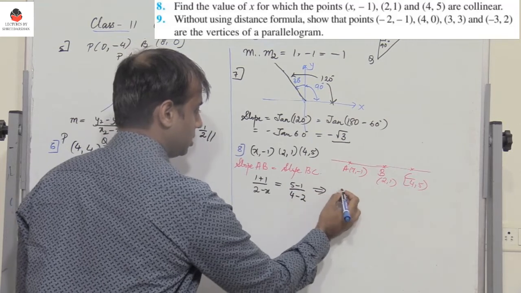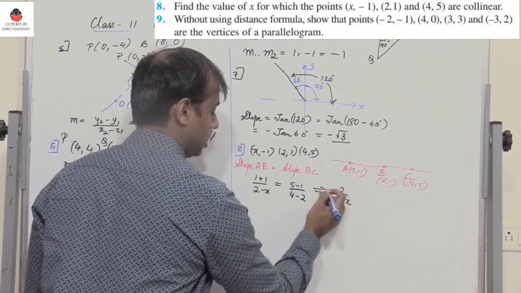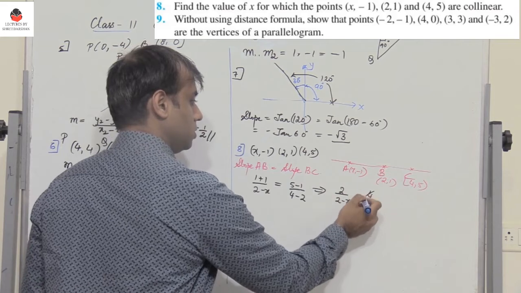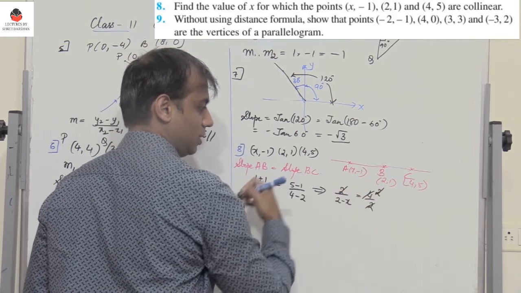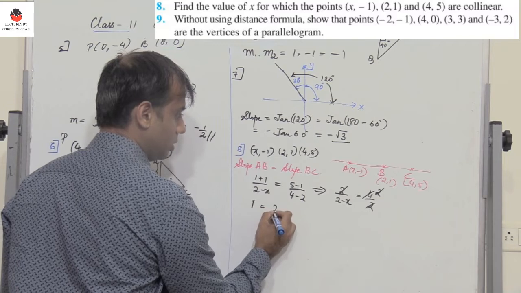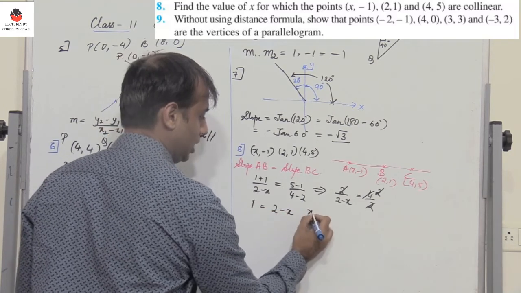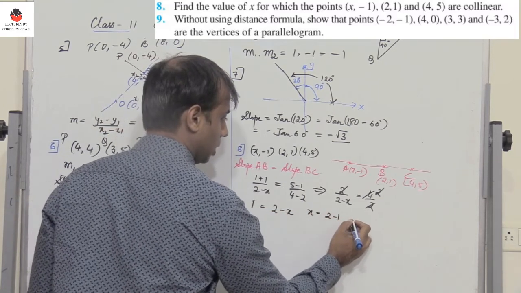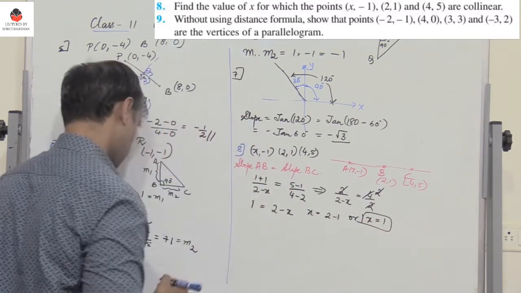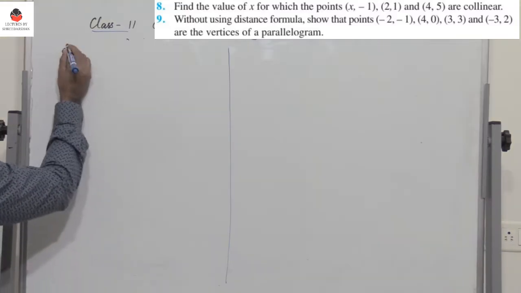So you get 2 divided by 2 minus x equals 4 by 2. So 2 2s are 2 and 2 will definitely get cancelled. So you get 1 equals 2 minus x, or x equals 2 minus 1, or x is equal to 1. That's the answer.